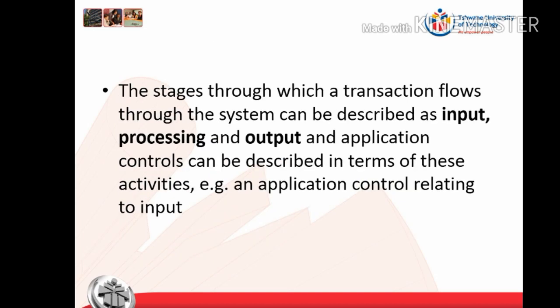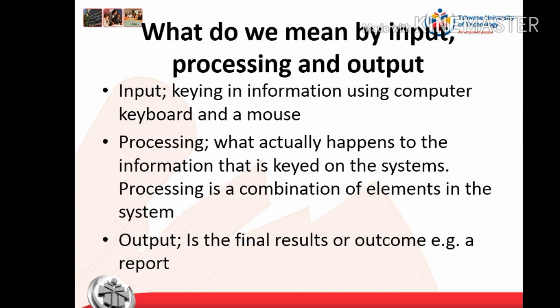So the stages through which a transaction flows through the system can be described as input, processing, and output. And application controls can be described in terms of these activities. For example, an application control relating to input. What do we mean by input, processing, and output?